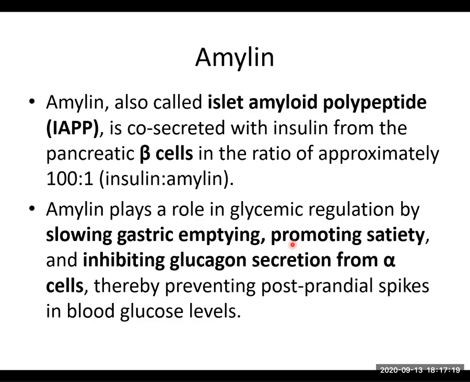It means that when you eat, you have a lot of glucose in the blood. It will trigger the beta cells to help us store this glucose. Amylin helps tell us that we are full, promoting satiety, and inhibits glucagon secretion from the alpha cells.